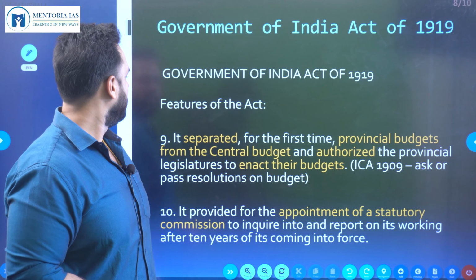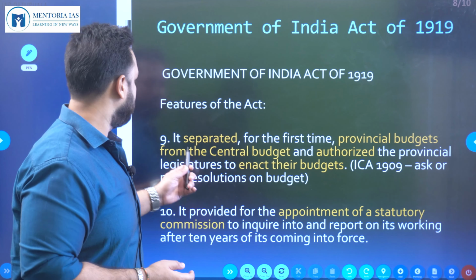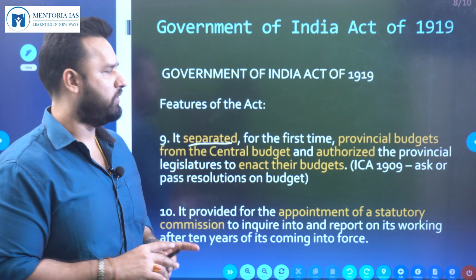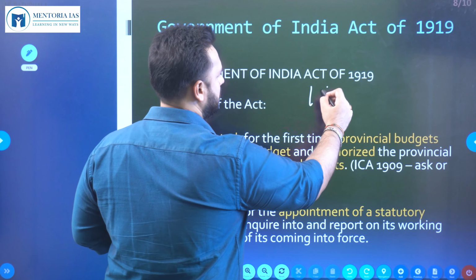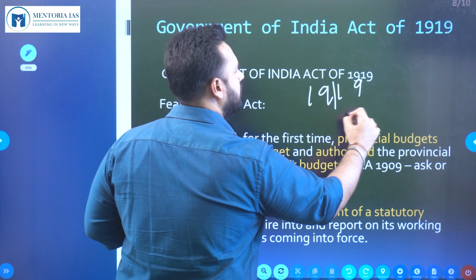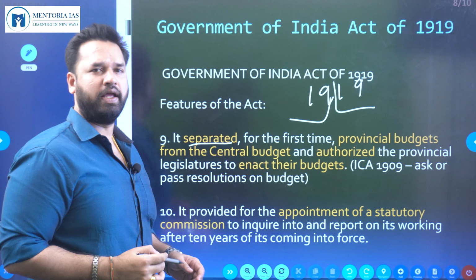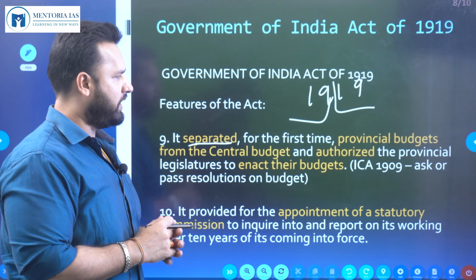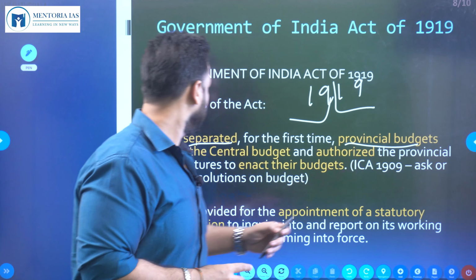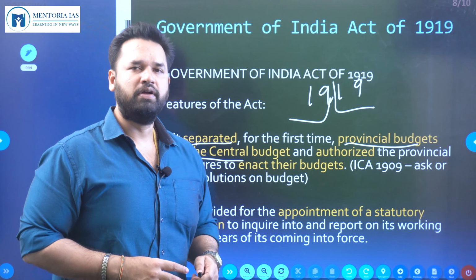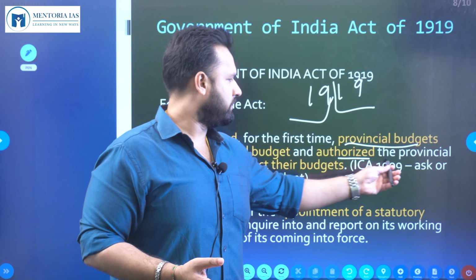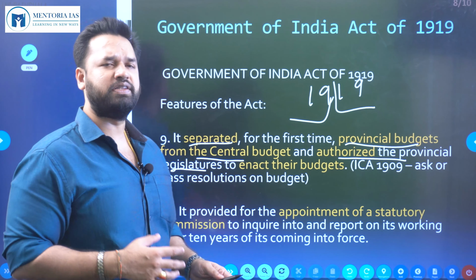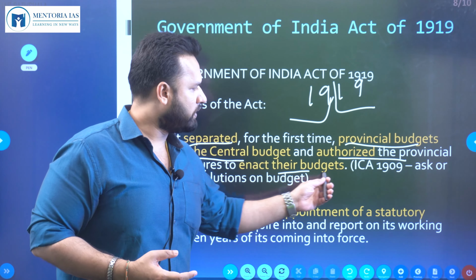The next feature of the Act: it separated, for the first time, the budget. What did it do again? It said the budget will be divided. You only had a central budget, now we'll divide it into provincial budget and central budget. And it also authorized the provincial legislatures to enact their own budgets.